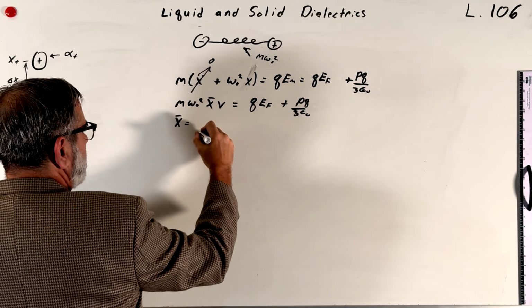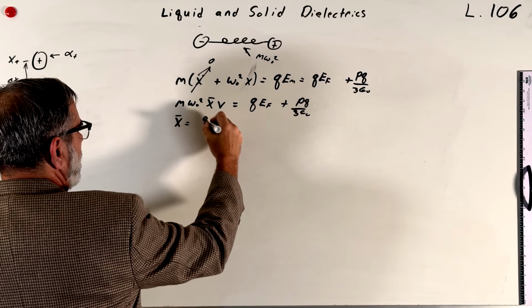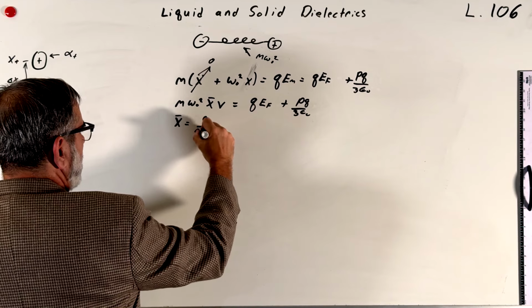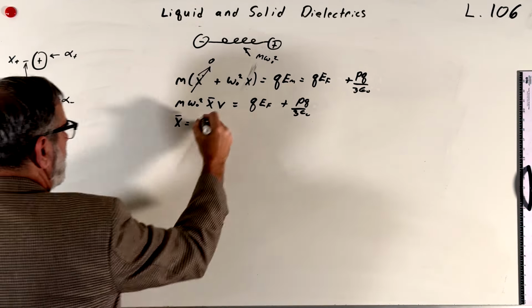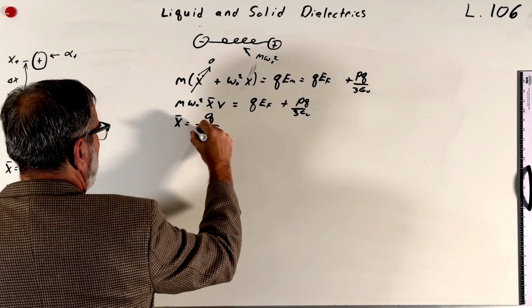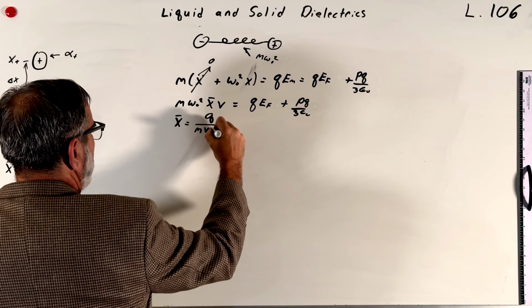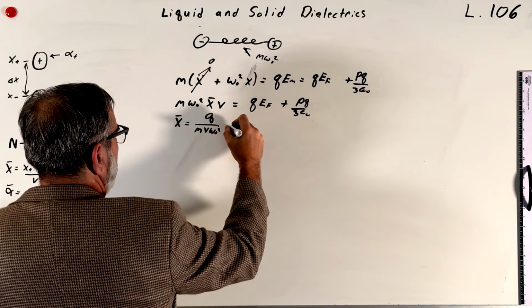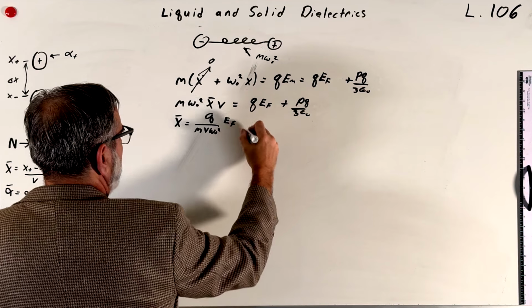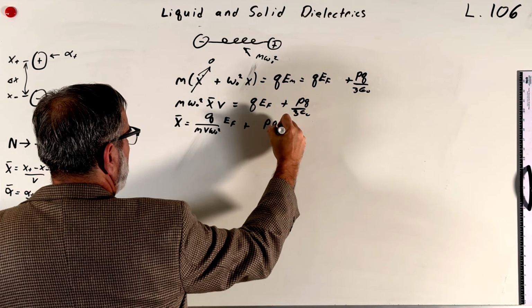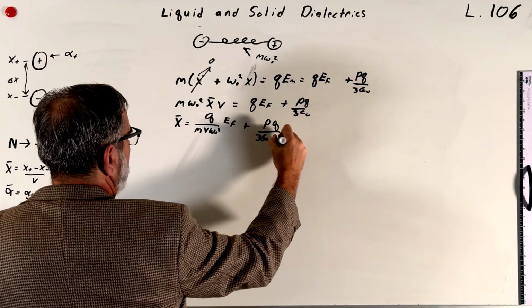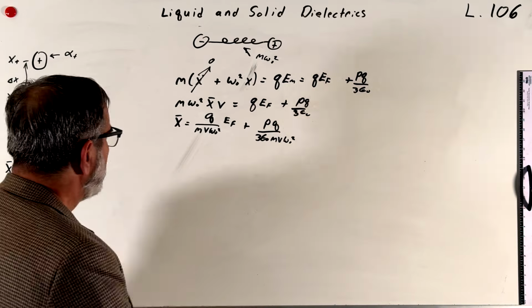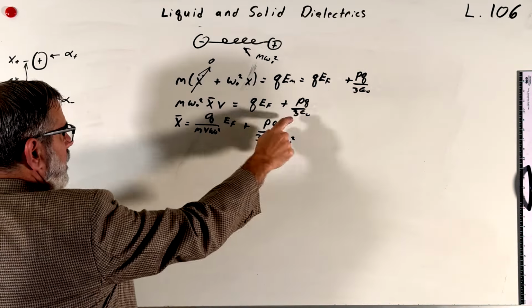X bar is going to be equal to, I'm going to write it like this, Q over m V omega naught squared times E sub f plus P Q over 3 epsilon naught m V omega naught squared. So just simply solve for x bar in this expression here.